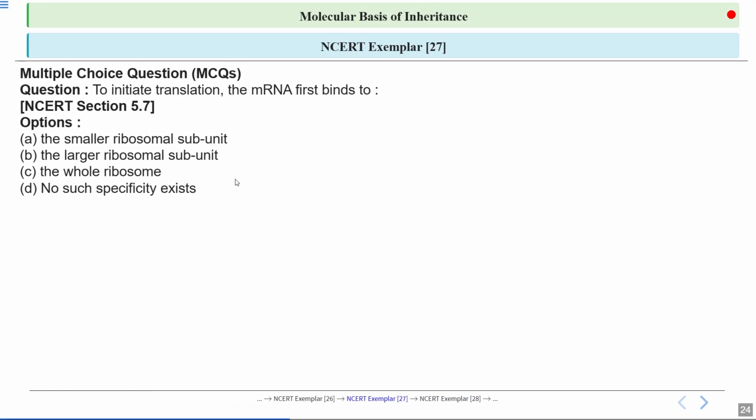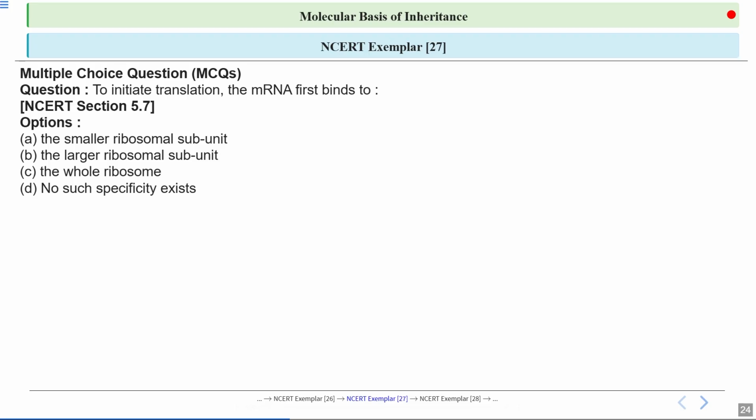Now next question, to initiate translation, the mRNA first binds to... Translation is the synthesis of proteins from the mRNA. So here the mRNA will bind to, the options are: smaller ribosomal subunit, larger ribosomal subunit, the whole ribosome, or option number D, no such specificity exists.